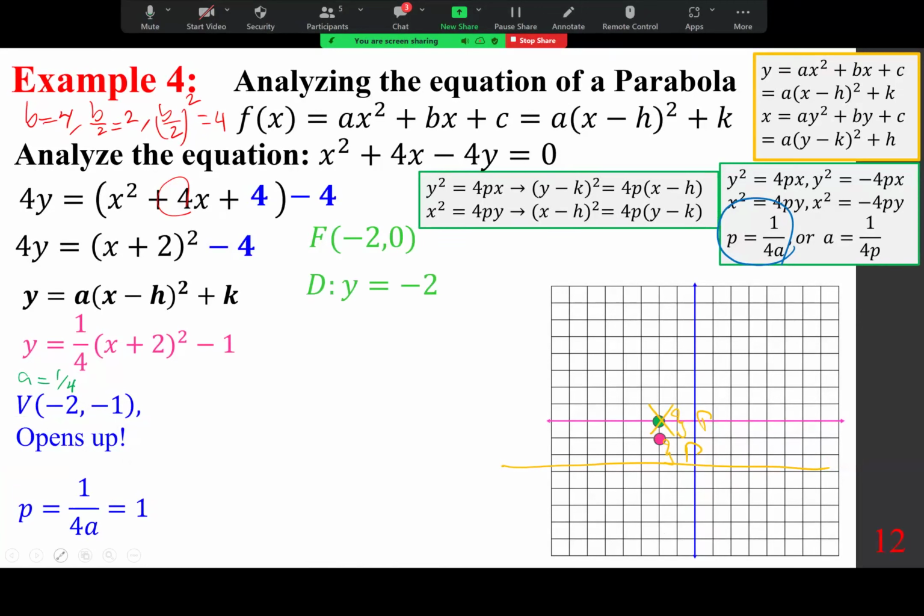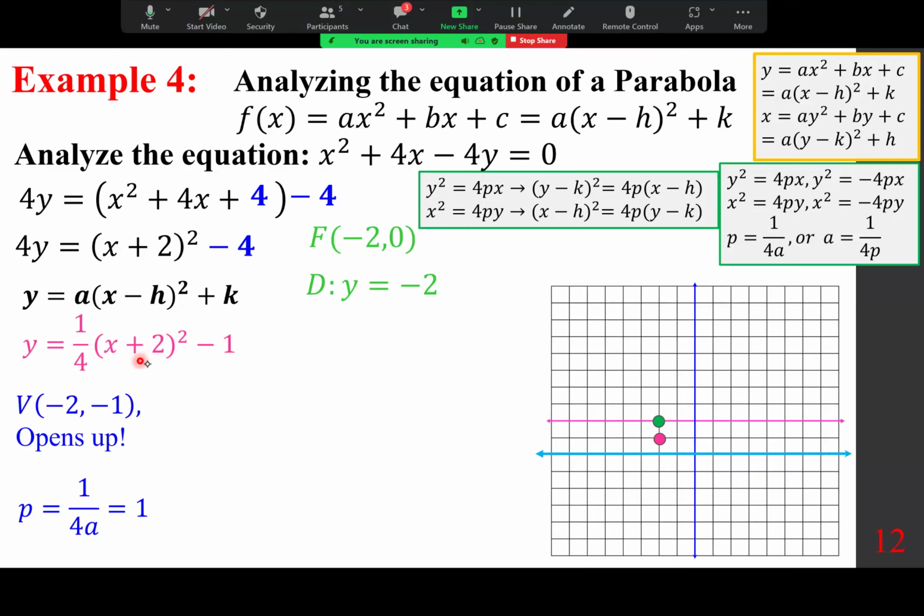Let me erase my line. So from the vertex, you go p units up, that gives you the focus. You go p units down and you come up with the line.